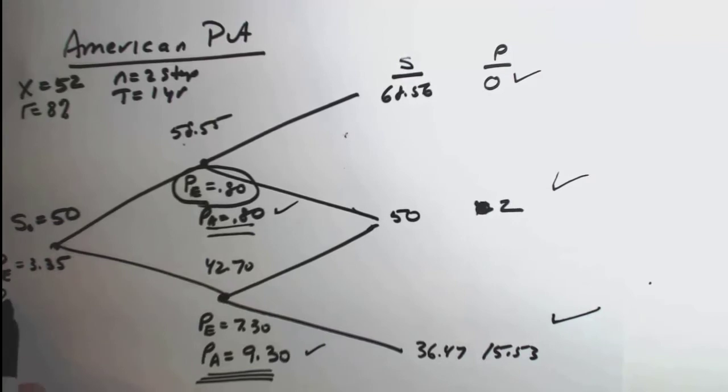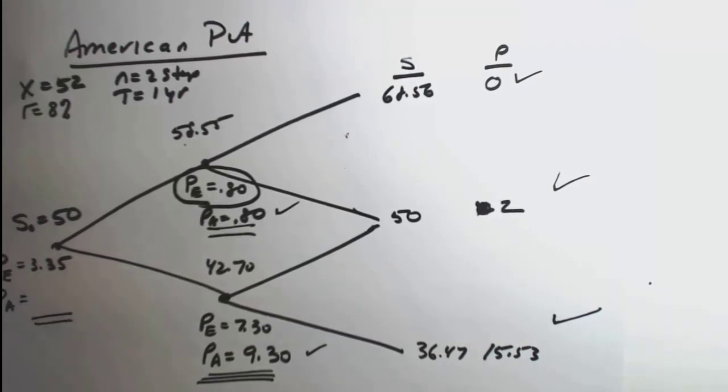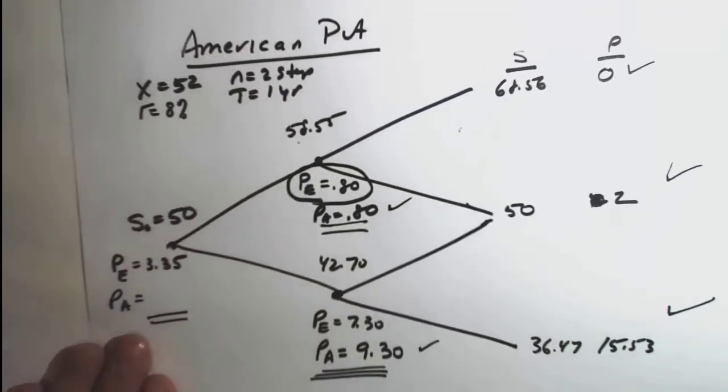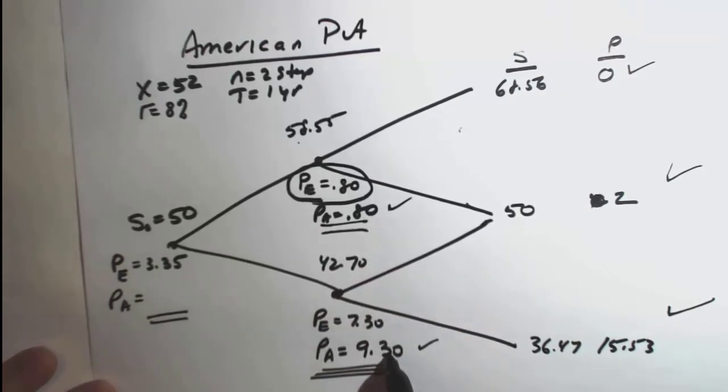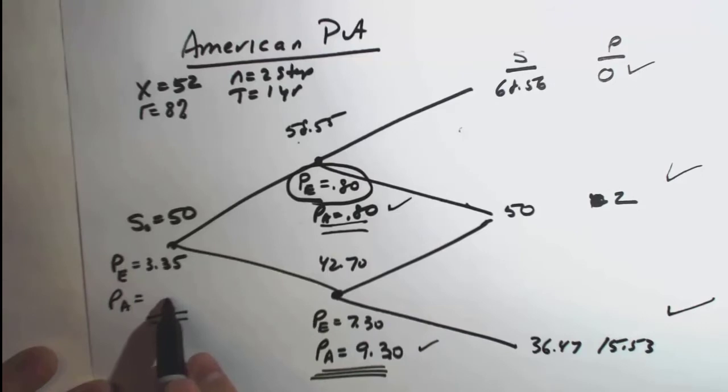Now let's figure out the American put today. That's our goal here. We can use the logic we just learned, that if we discount these back by the probabilities, we can come up with the price of the American.